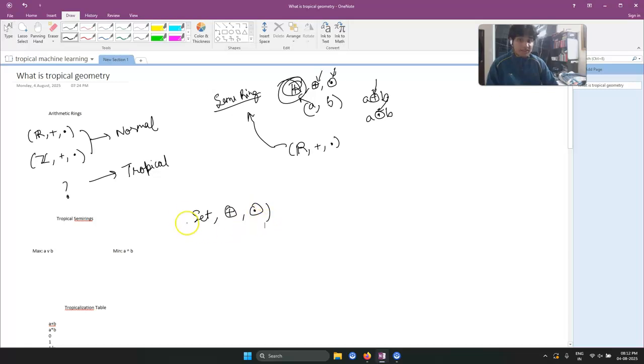For our tropical semi-ring, the set is going to be the real numbers, including either plus infinity or minus infinity, and I'll explain why these are two different choices. We're then going to define something called tropical addition, and tropical multiplication.